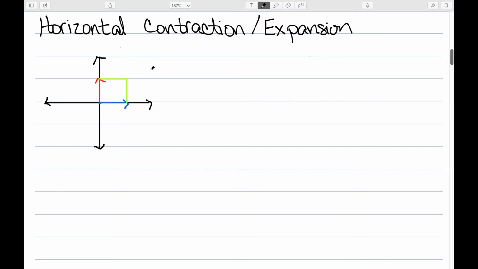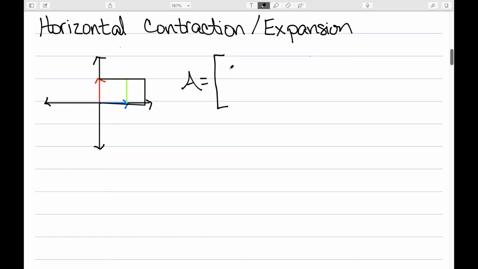I now want to look at horizontal contractions and expansions. And it's going to be easier here to actually consider the full unit box, this full square. The idea of a horizontal contraction or expansion is I'm going to stretch this box in the horizontal direction. So I'm going to make it a bit bigger here.